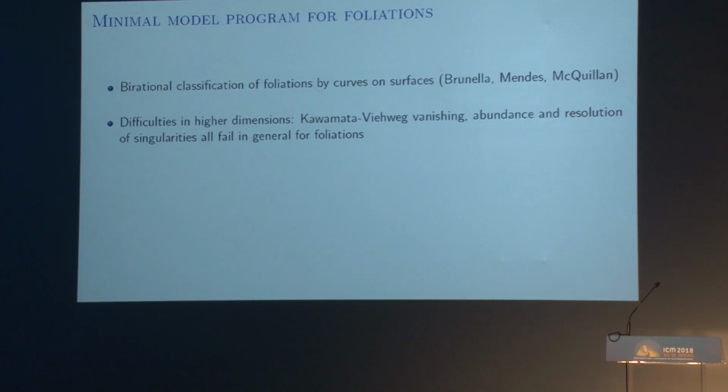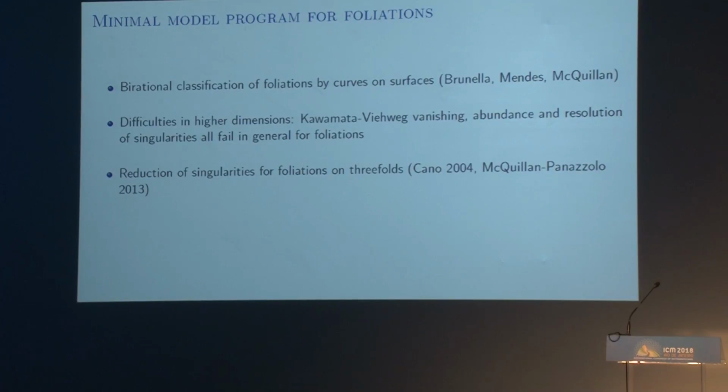Some of the difficulties that one encounters in higher dimensions are the failure of Kawamata-Viehweg vanishing, abundance, and resolution of singularities, which are very fundamental in the minimal model program. These are the difficulties, but let me tell you something on the positive side. This is just for foliations on threefolds; for higher dimensional varieties I don't think much is known.